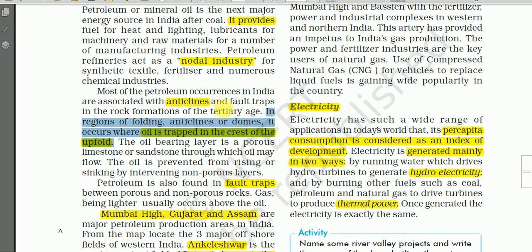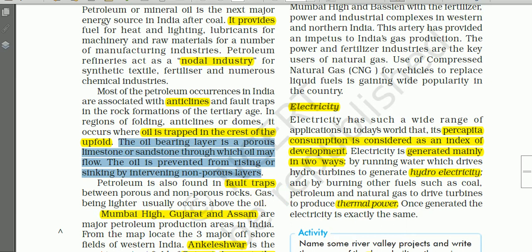As mentioned here, in regions of folding, anticlines or domes, it occurs where oil is trapped in the crest of the upfold, and the oil bearing layer is a porous limestone or sandstone through which oil may flow. The oil is prevented from rising or sinking by intervening non-porous layers. That means in between two non-porous layers, there is a layer containing oil.